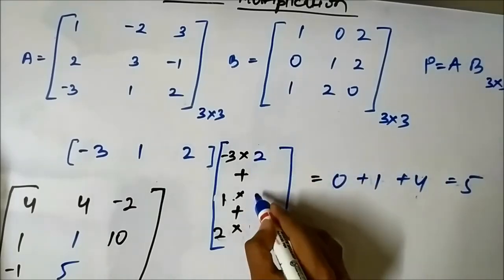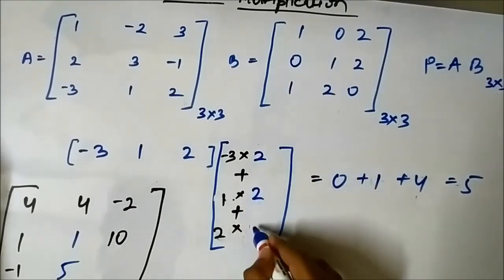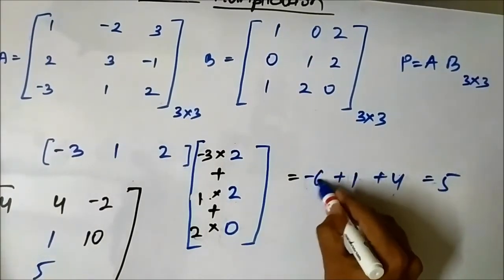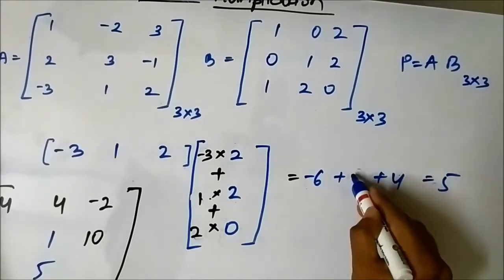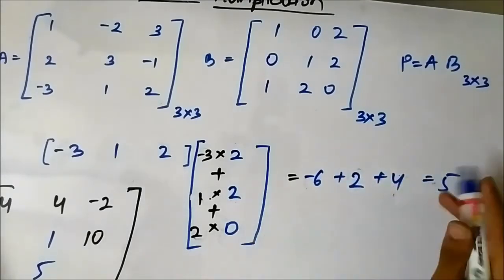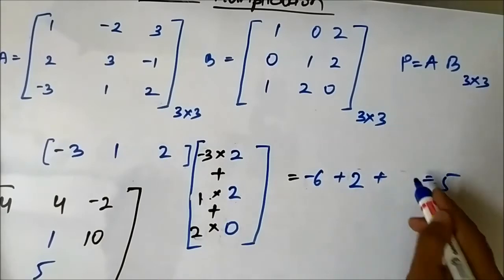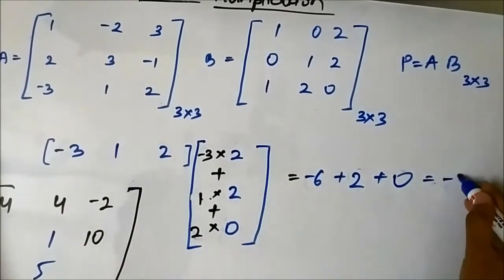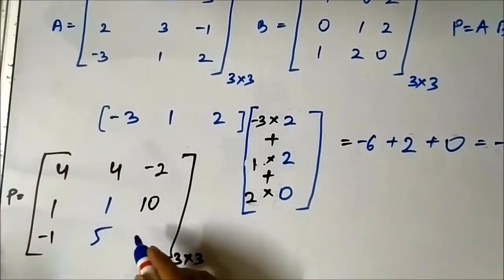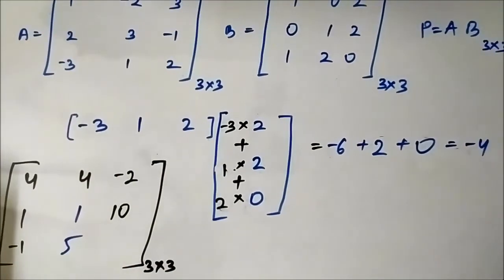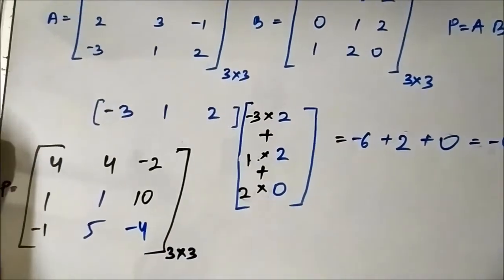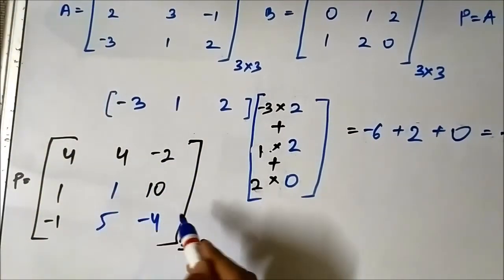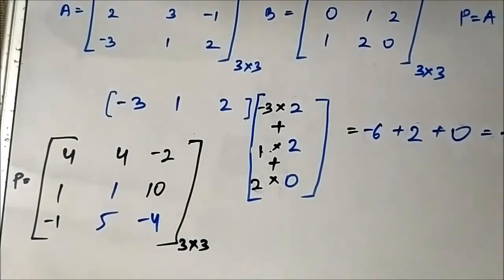This will give us minus 6 plus 2 plus 0, and the result is minus 4. So we got all the elements of the resultant matrix. This is the product matrix: 4, 4, minus 2; 1, 1, 10; minus 1, 5, minus 4, which is the resultant 3 cross 3 matrix.